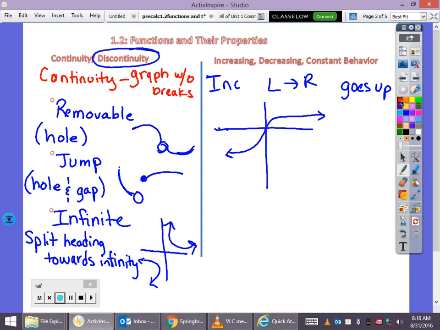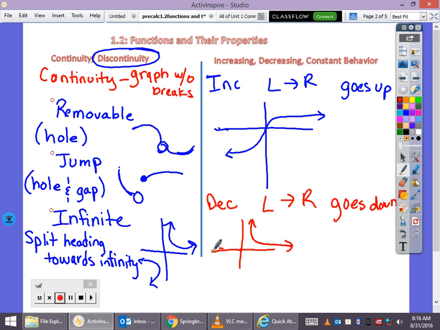Okay? And decreasing, what's decreasing going to be? Left to right, and it goes down. An example again would be like the graph from last night. Both sections are decreasing. I'm just going to sketch one side, so this would be an example of decreasing.